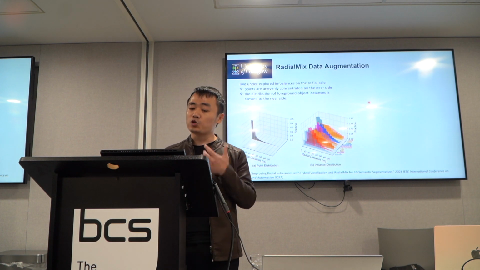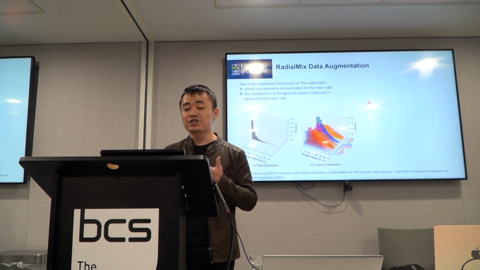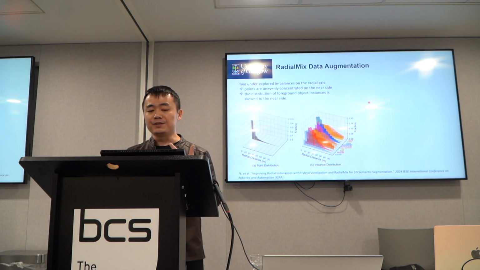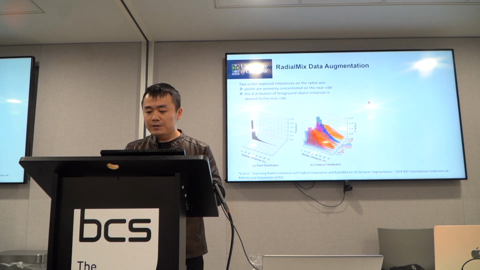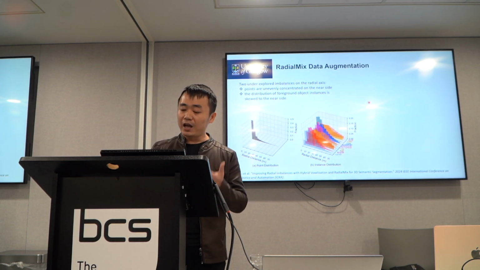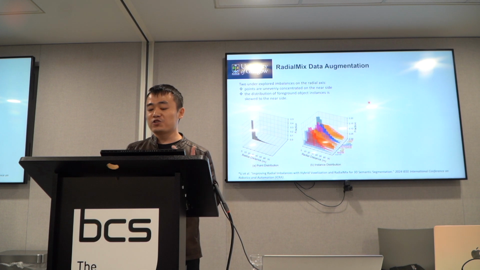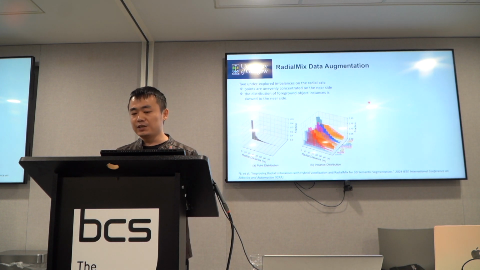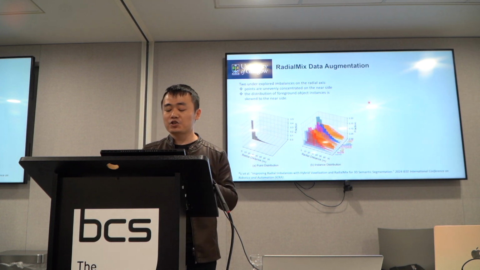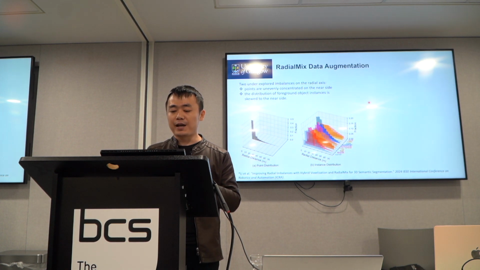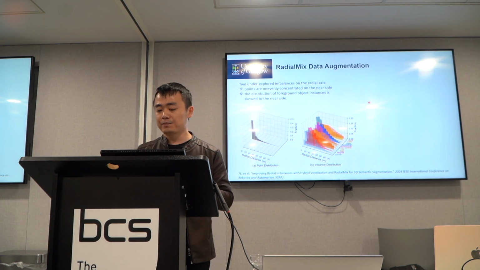And also the distribution of the foreground object instances is skewed to the near side. This kind of imbalance leads the training of the model to favor the semantics on the near side, with the majority of the points and also the object instances.